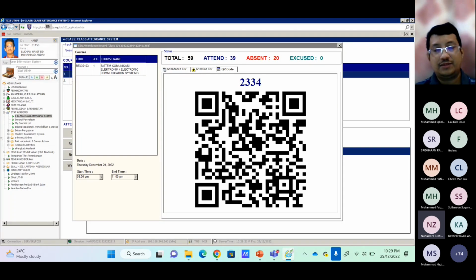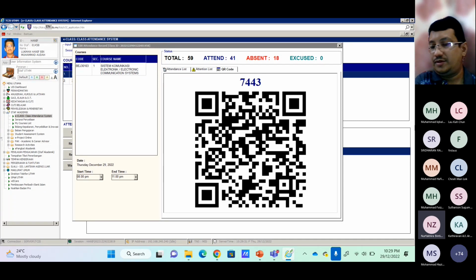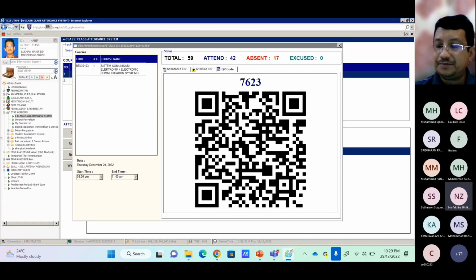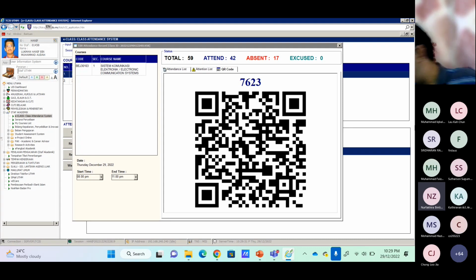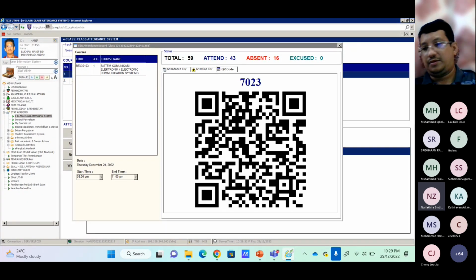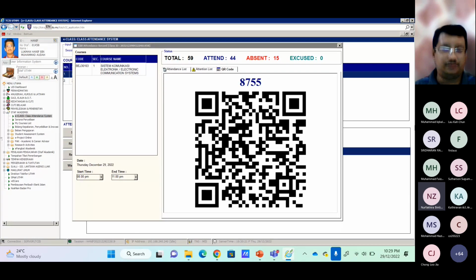Thank you, doctor. Okay, welcome. Doctor, can you please read aloud the QR code?